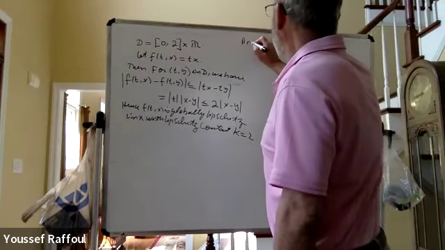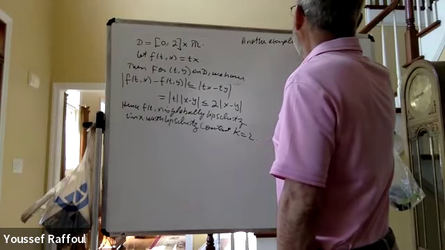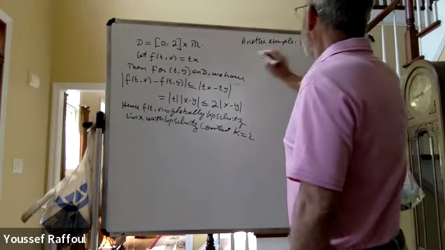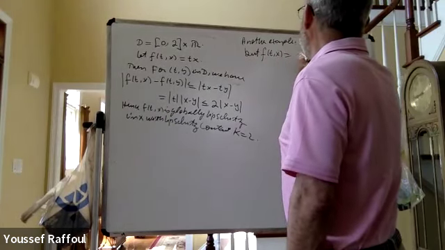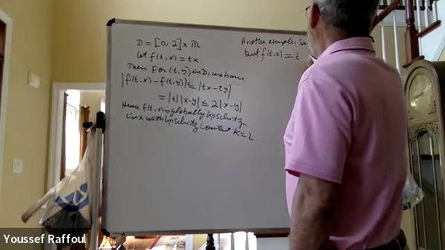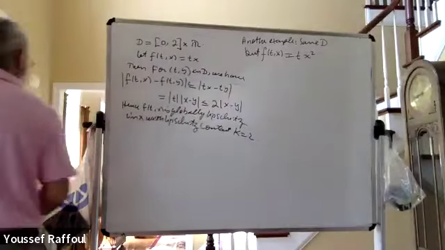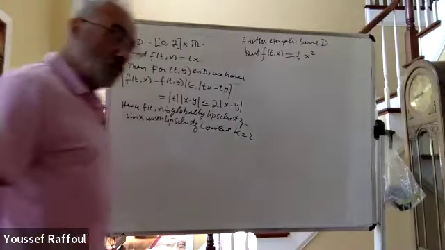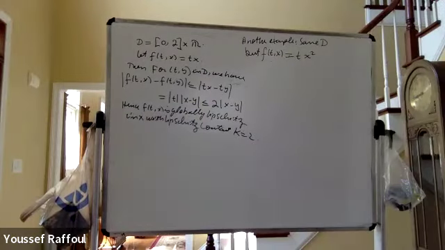Now another example, same D, but f of t,x equal to t x squared. Why don't you go ahead and see what you can do with this? Try to show it's Lipschitz. Or is it globally or locally?